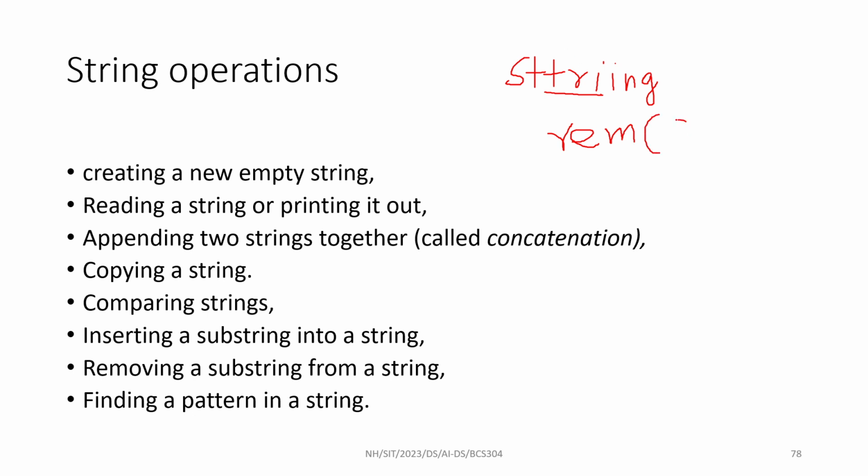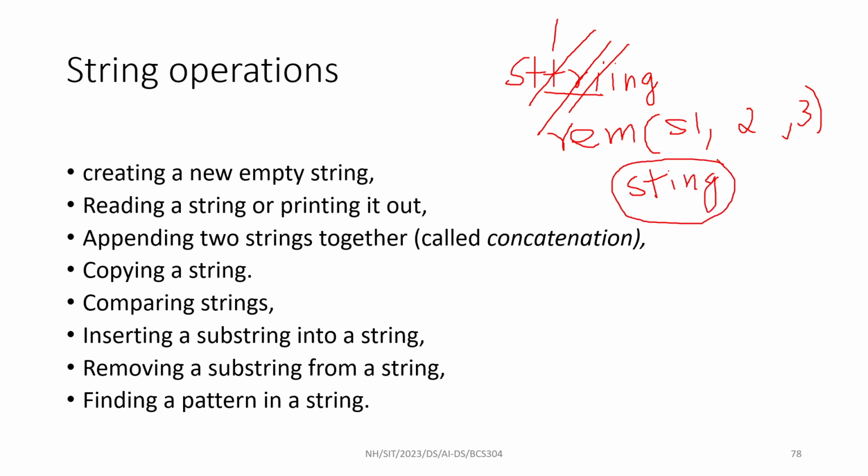From the string s1, I have to remove three characters, starting from place 2. What happens? Starting from 2, this is 0, this is 1, this is 2. Three characters are removed. The final answer will be S, T, I, N, and G. So this is how the removal operation works.